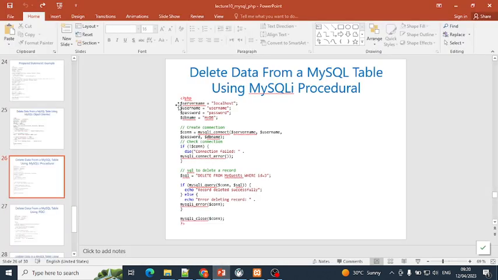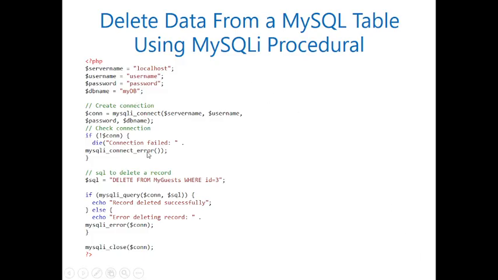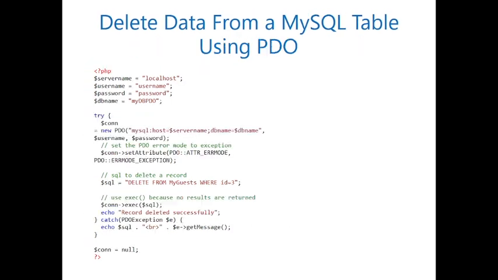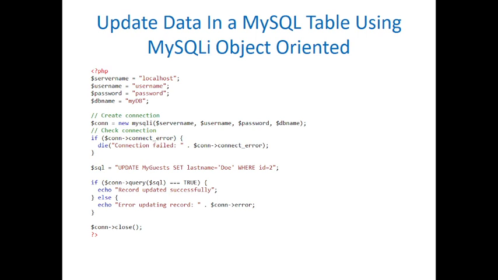So this is the delete operation with three different ways of writing the program. One is MySQLi connect, another is MySQLi, and PDO. Last one is update. See, the only thing you are changing is the query.